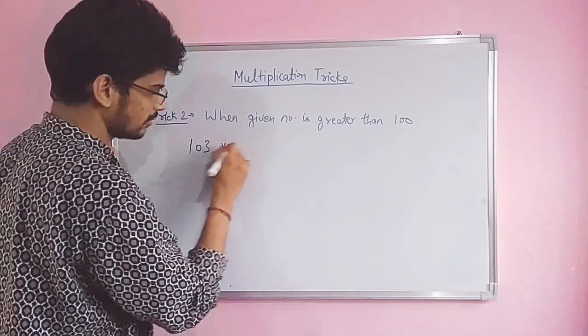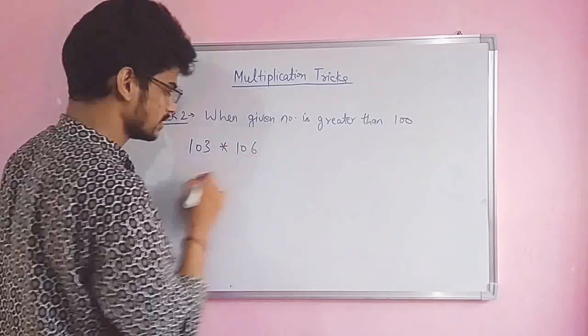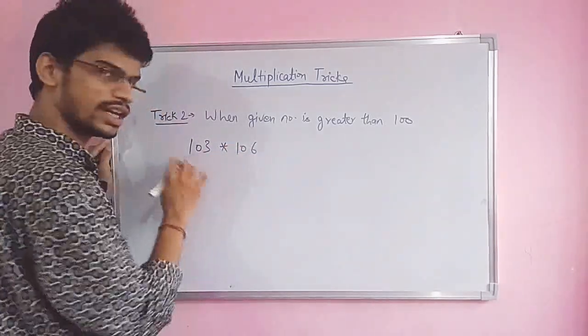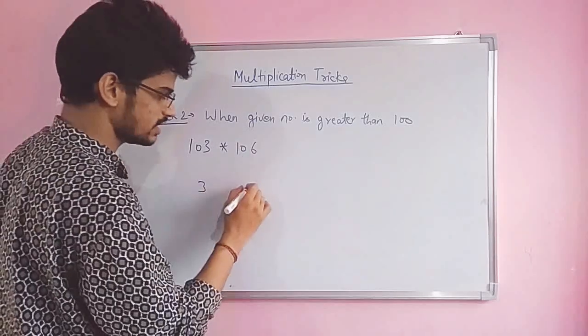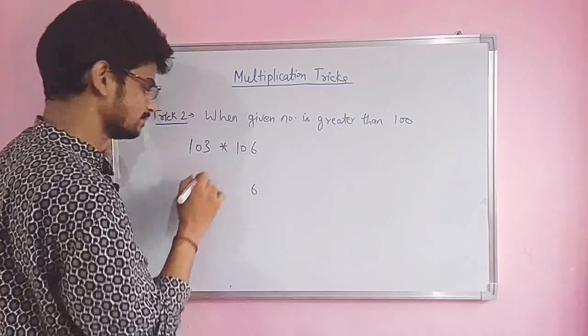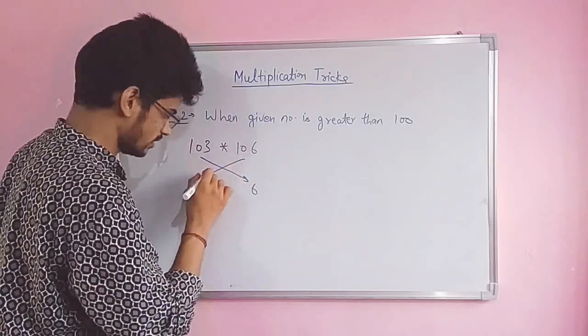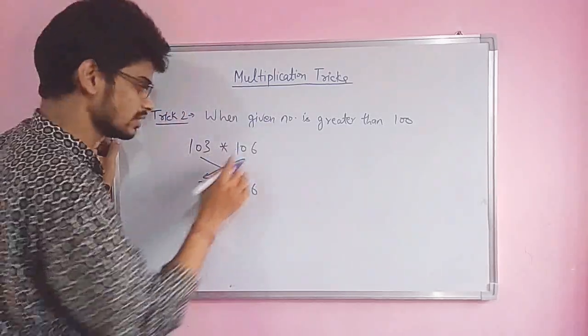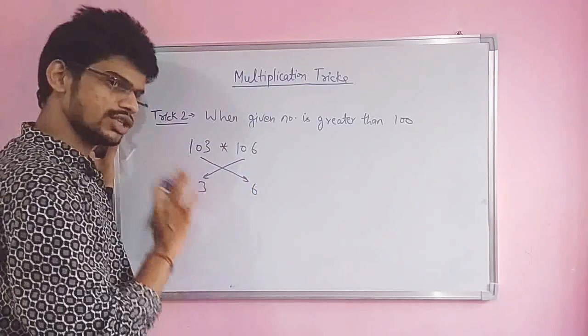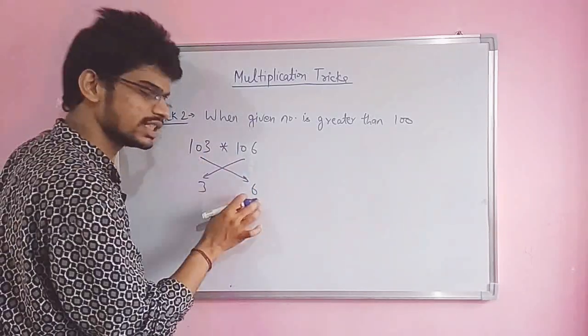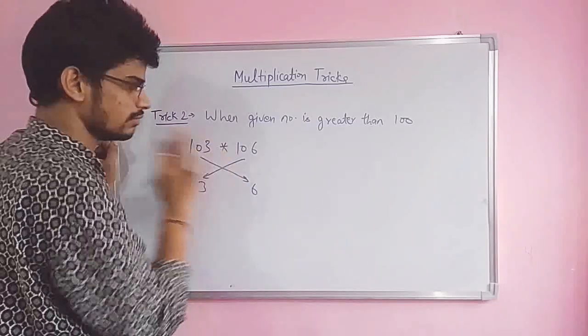Next is 103 multiplied by 106. It is greater than 100 by 3 and greater than 100 by 6. Now add the diagonal value to the number: 106 plus 3 is 109, and 103 plus 6 is 109.